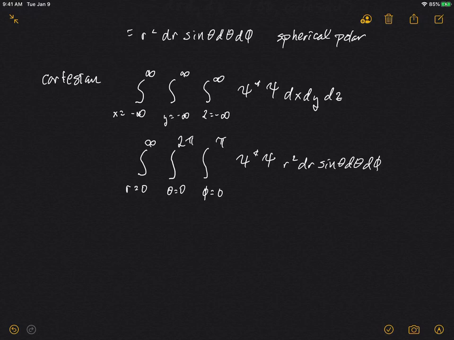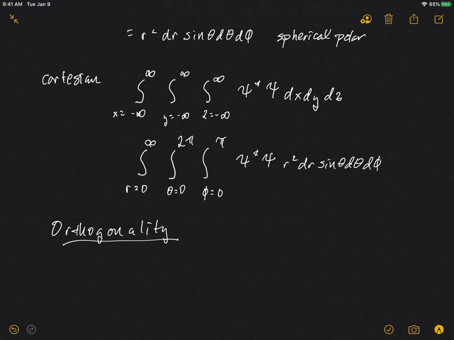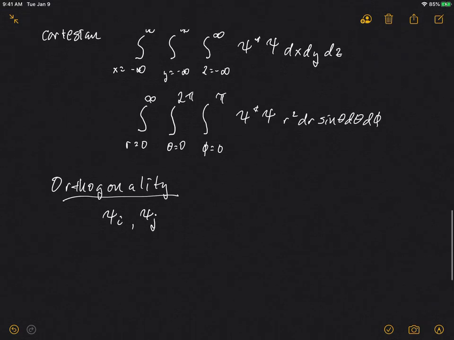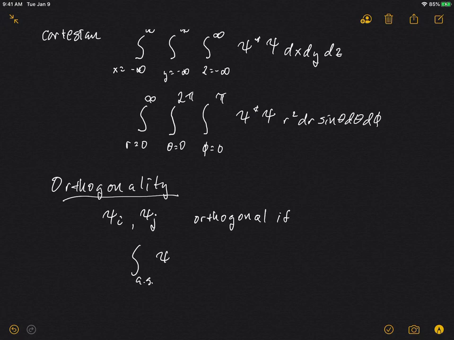And that brings us to orthogonality. We say that if we have two wave functions, psi i and psi j, they may look similar, they may not. We say that they are orthogonal if the integral over all space of psi i star psi j d tau equals 0.